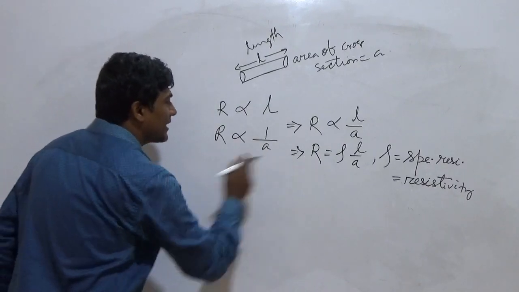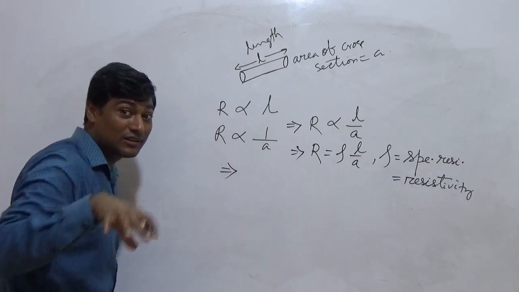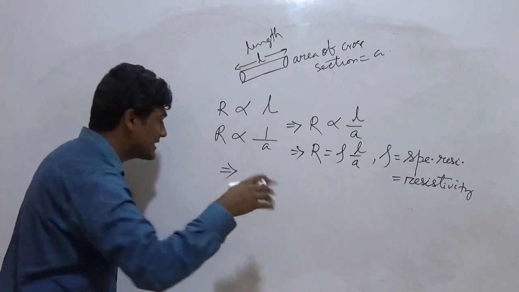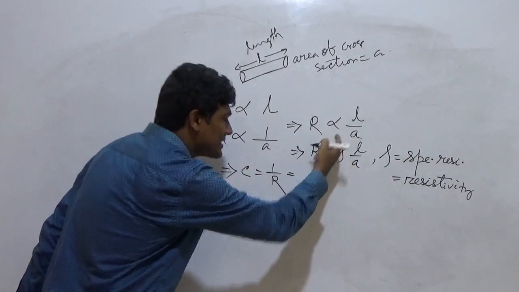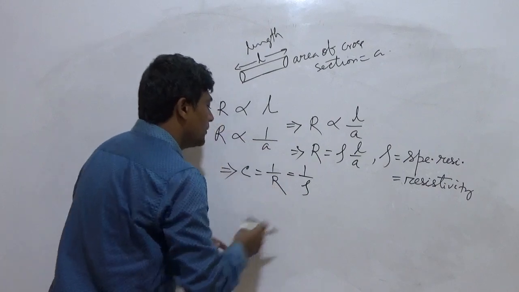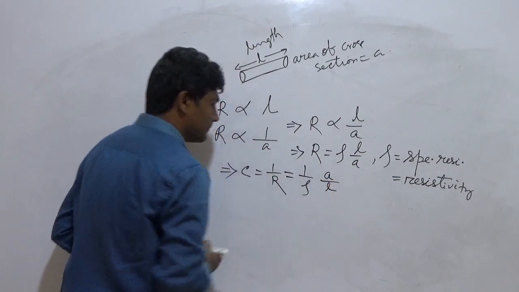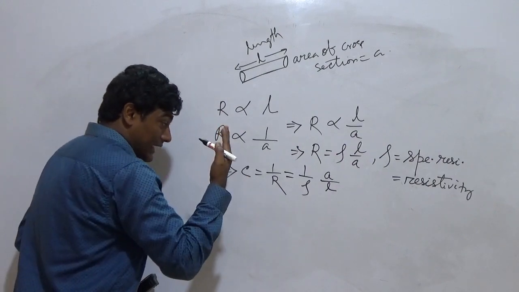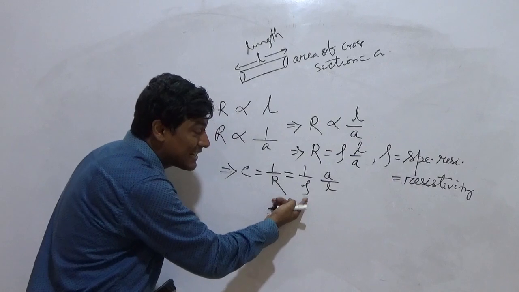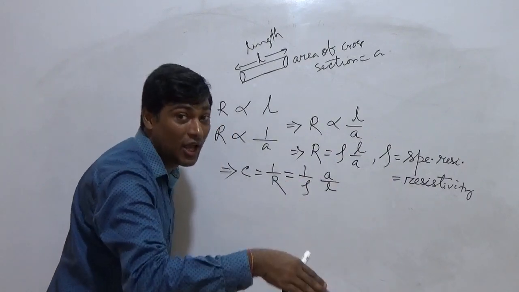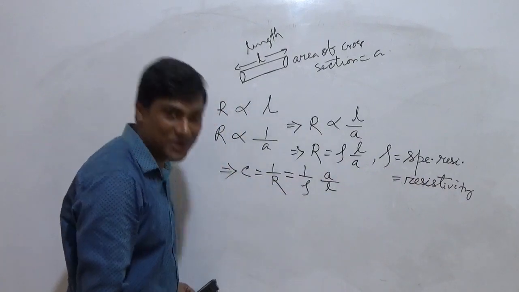So once you get R equals rho L by A, and as you know the conductance is the inverse of resistance, C equals 1 by R, that is 1 by this. So 1 by rho, and this will give you A by L. Inverse of resistance is the conductance, and inverse of the resistivity is the conductivity, or inverse of the specific resistance is the specific conductance.